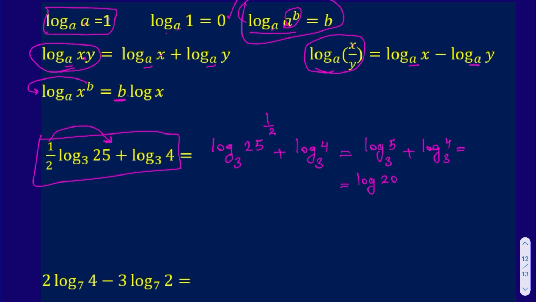We need to multiply 4 by 5. And this is the final answer. We cannot simplify further, because we are supposed to just write it as one logarithmic function.